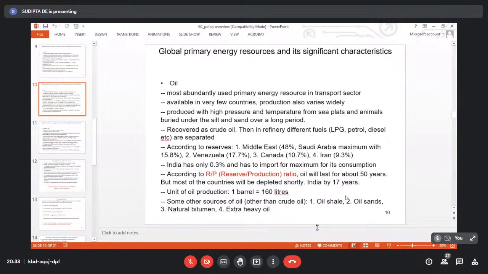Then the next point is that India has only 0.3% and has to import for the maximum of its consumption. Already I have mentioned that 0.3% you can assume of the total oil consumed in India, and how much oil has to be imported from outside. And all this, 99.7%, whatever is imported oil, has to go through the refinery, from crude oil to produce the entire oil supply in the country.